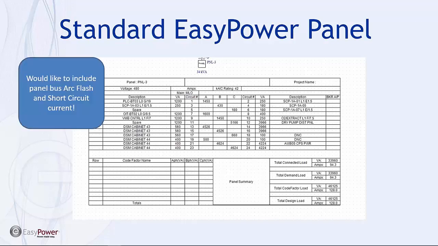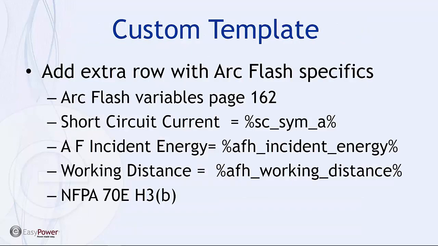But what if we wanted to include the arc flash incident energy for the main bus on the panel and the short circuit current in the schedule? How would we go about doing that? Well, what I'm going to show is opening up the standard template and then adding an extra row in the template, inserting the arc flash variables.